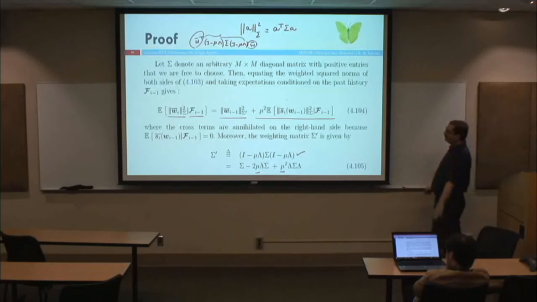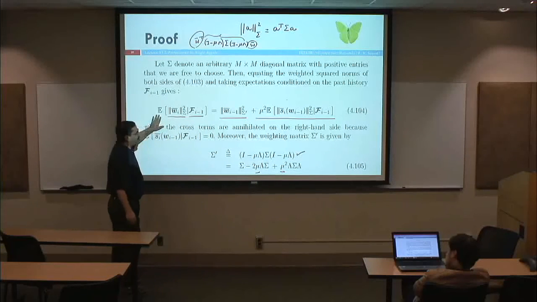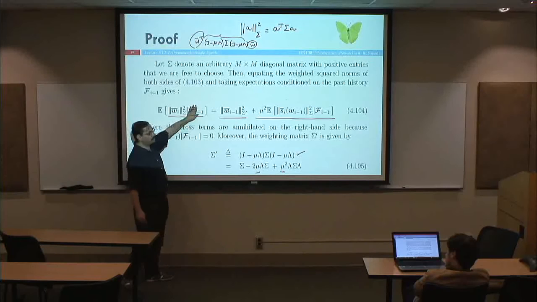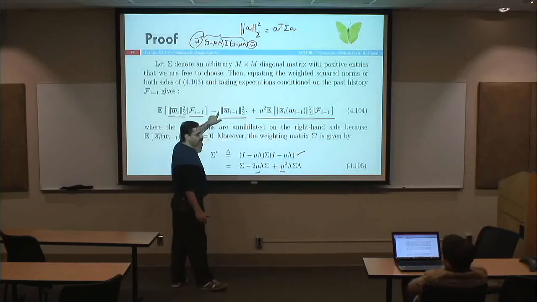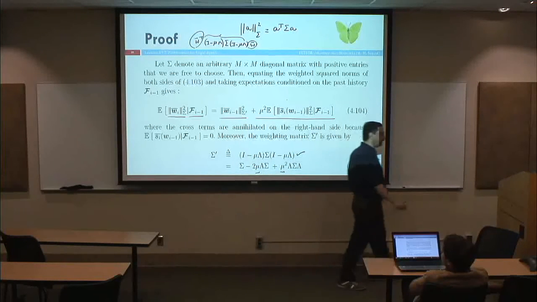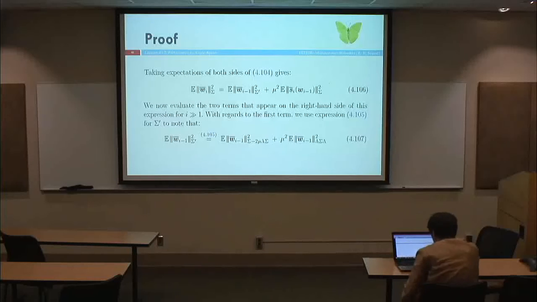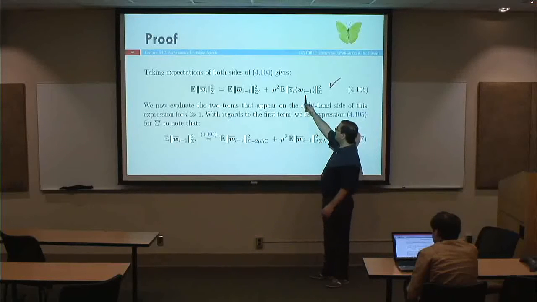So I computed the weighted norm, I get this. Now take expectation again, then that removes the conditioning here, and adds expectation here, right? So, very good. So I get the second expression. Now, all I have to do is evaluate what these quantities are.